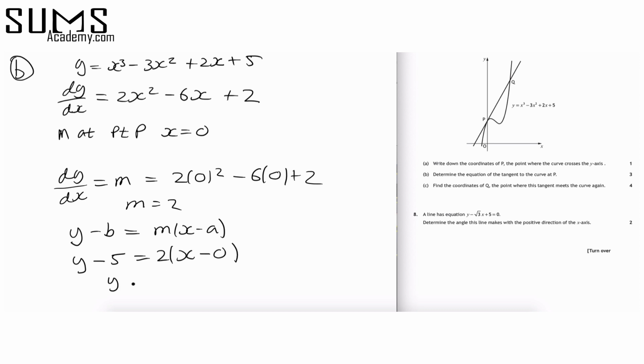So y equals 2x plus 5, and that's your final answer here. So this question was for 3 marks. Our first mark comes from correctly differentiating this equation here, then our second mark comes from finding the gradient, and the third mark comes from writing the equation of the tangent.